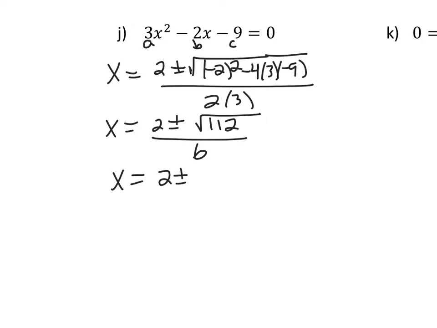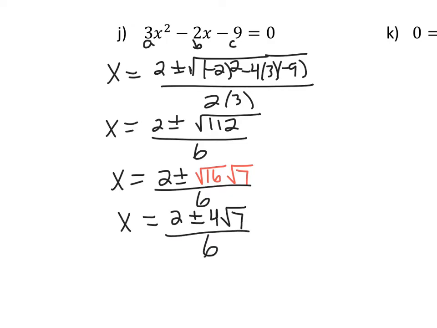You want the largest one. The largest one is the square root of 16, and that times 7 gives you 112. The square root of 16 is 4, so this is 2 plus or minus 4 radical 7 all over 6.